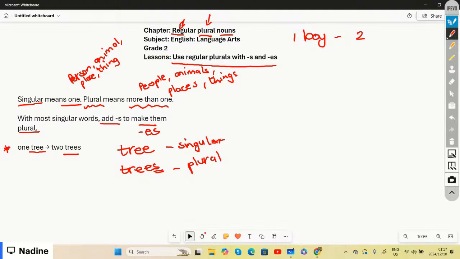And if we were to choose the correct option, the correct word, then we would say one boy but two boys. You see, now we're showing the plural form of the word boys.